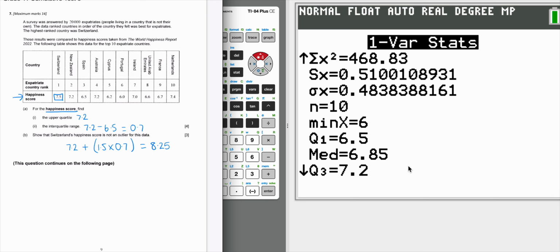That means anything above 8.25 is an outlier; anything less than that is a big value, but not too big. Since Switzerland is 7.5, which is less than 8.25, Switzerland is not an outlier. It is just a larger value.